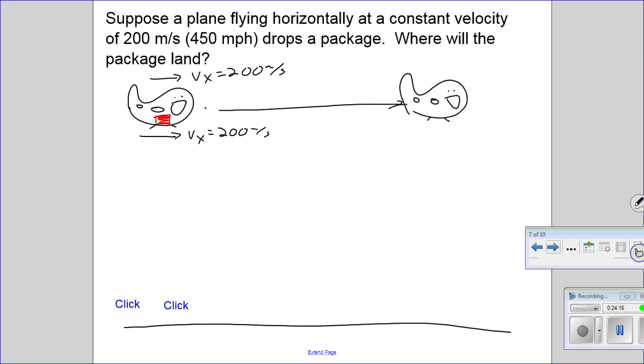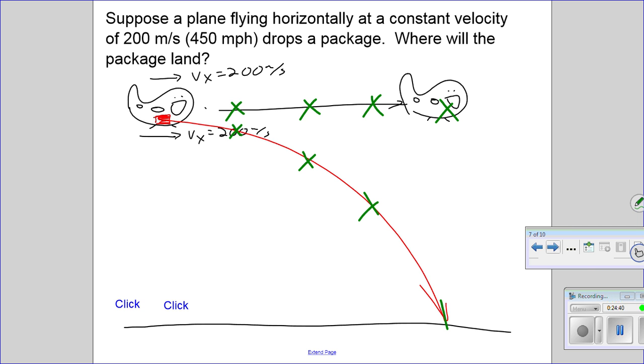All right. So anyway, the idea is, as the package falls, it's also moving horizontally. At what rate? Same rate as the plane, 200 meters a second. So when the airplane gets to here, the package is here. When the airplane gets to here, the package is here. Airplane, package.